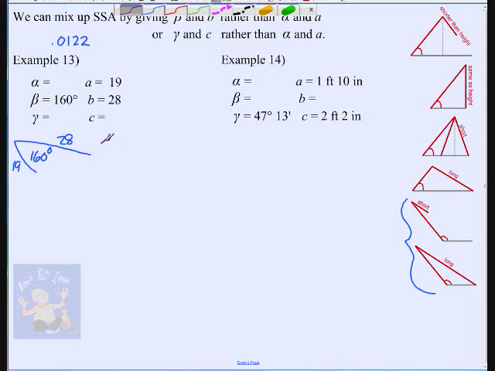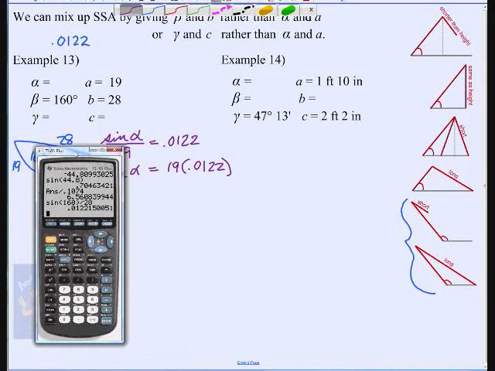Our sine of alpha is related to its opposite side by the same ratio. I can say that our sine of alpha is equal to the length of its opposite side times the ratio of the sine of beta to its opposite side, 0.0122.